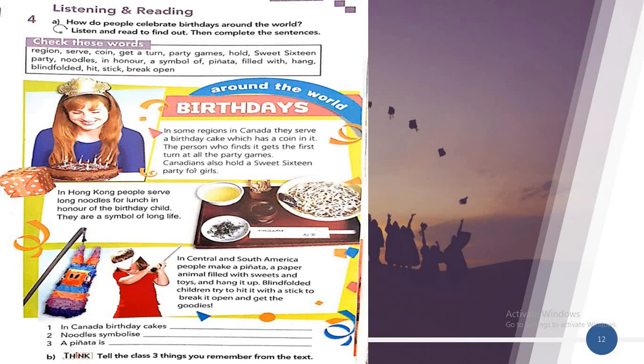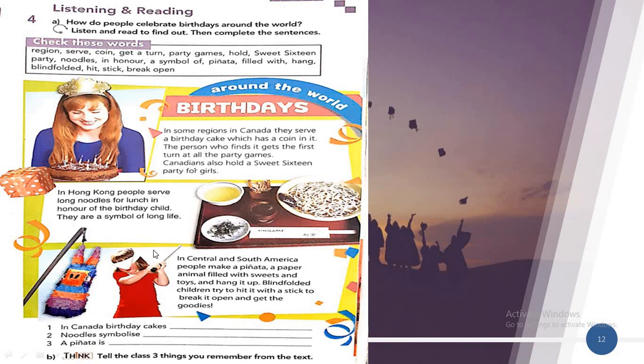Third paragraph. In Central and South America, people make what? Look at the picture. This is what they call a pinata.